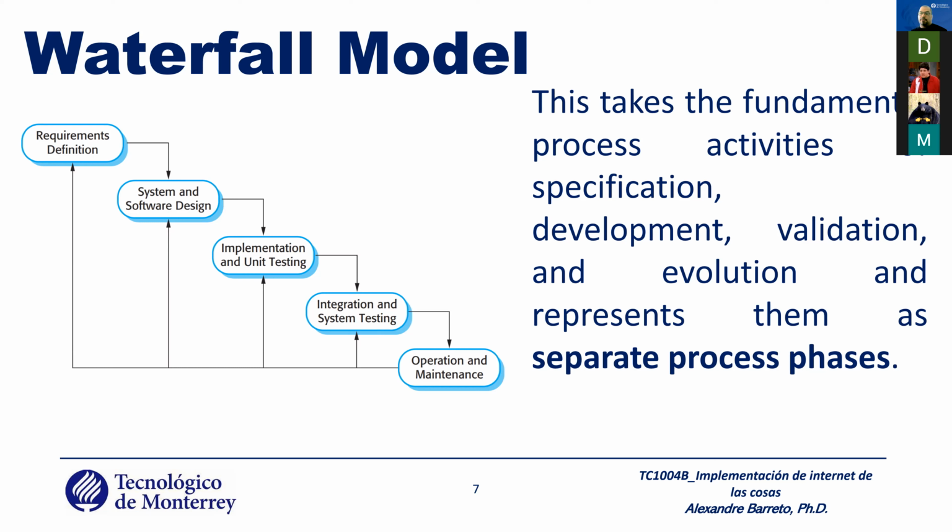The new models like Agile use Lean, which is from Japanese industry, okay? But again, the waterfall model is, as the name says, one of the first models to develop things. You follow strict steps, step by step, and at the end of the process, you have the final product.